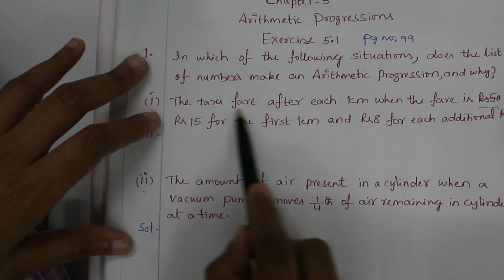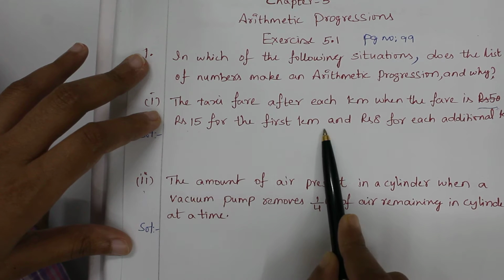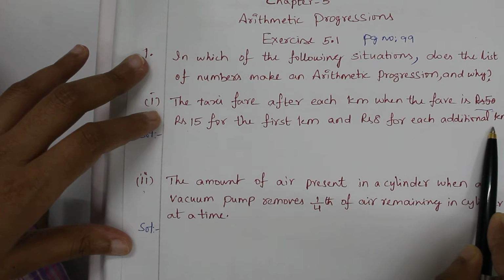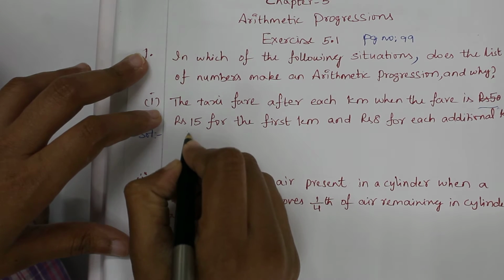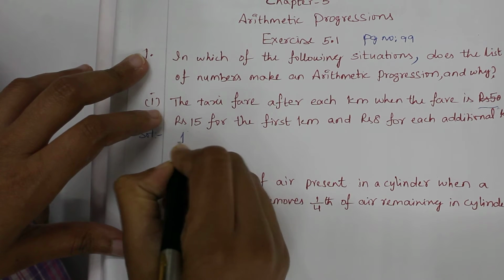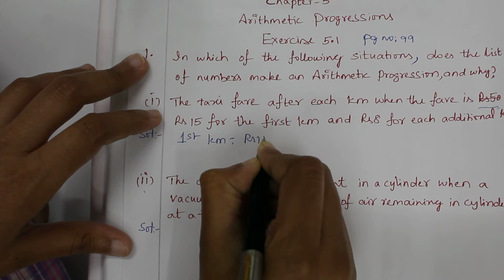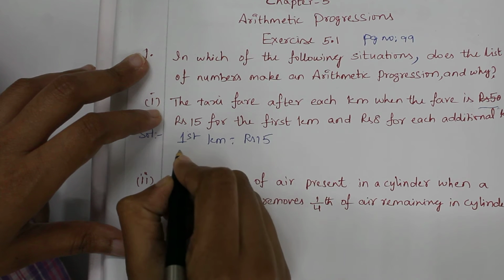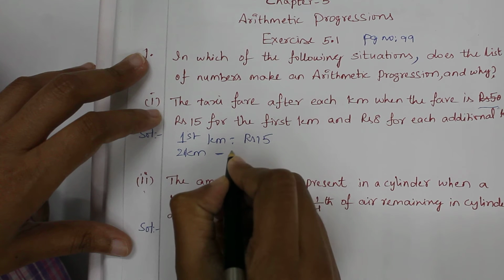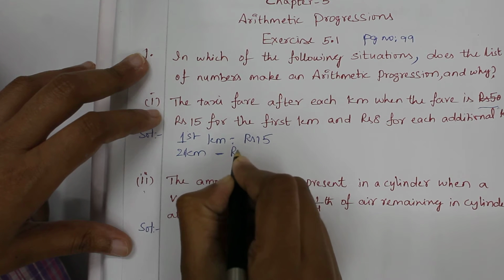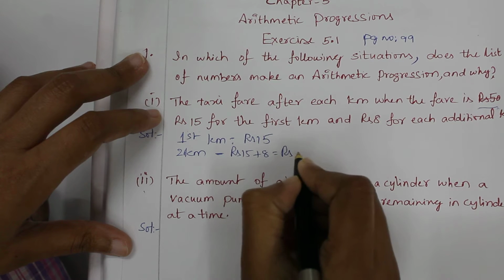The taxi fare after each kilometer when the fare is rupees 15 for the first kilometer and rupees 8 for each additional kilometer. So there is a taxi and the taxi charges rupees 15 for the first kilometer, and then after that it increases by rupees 8 for each kilometer, so it becomes rupees 15 plus 8, that is equal to rupees 23.